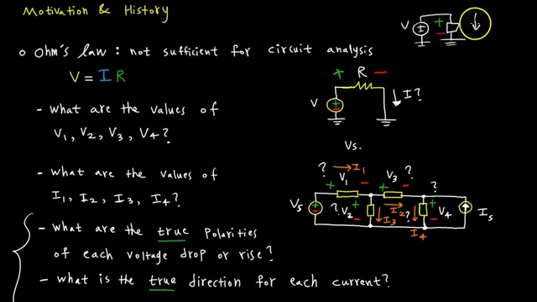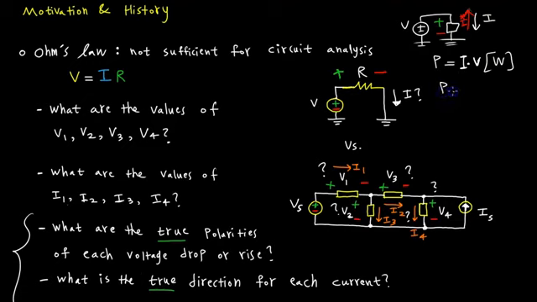Recall from the passive sign convention that if the current flows from the high potential to the low potential, we have P equal to I times V, which is in watts, and it's a positive quantity because we have two positive quantities multiplied by each other. But if the current flows in the opposite direction, let's indicate that in red, that's I star. What's going to be my answer?